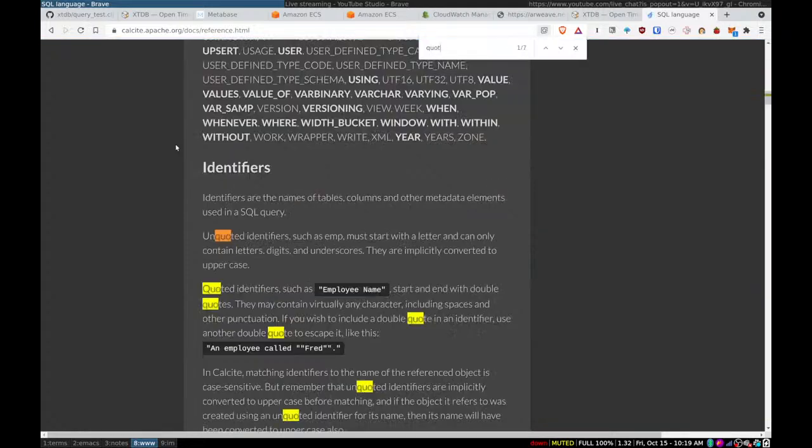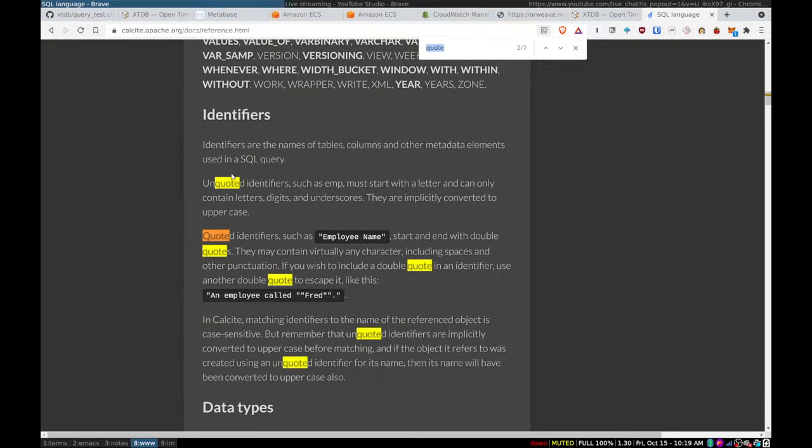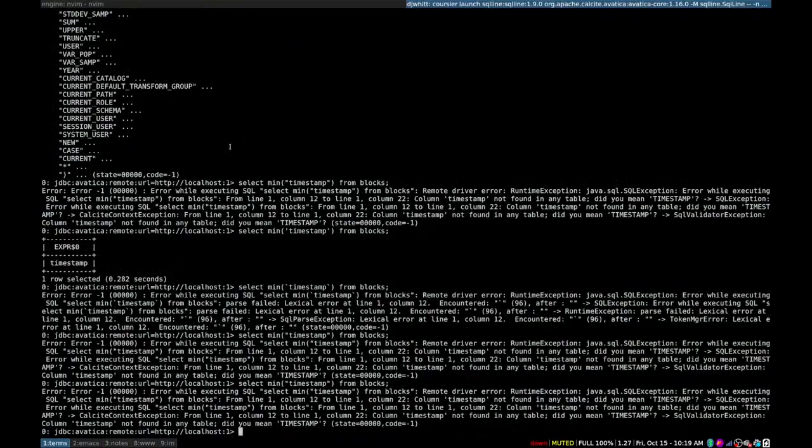All right, the quotes. Identifiers. Quoted identifiers start and end with double quotes. I don't know, I'm a little skeptical here.